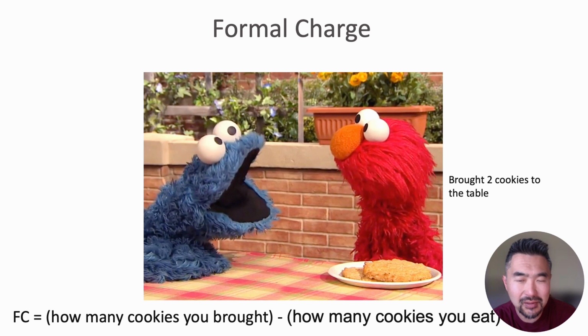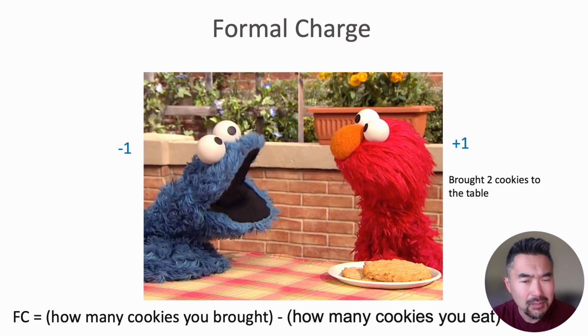I almost said electrons, but he brought two cookies to the table, and of course at a table with a Cookie Monster, you're going to probably have to share those two, one each, which means that Elmo is going to have a formal charge of +1, and Cookie Monster would have a formal charge of -1, and that would be calculated by subtracting how many cookies you actually do eat from how many cookies you brought to the table.